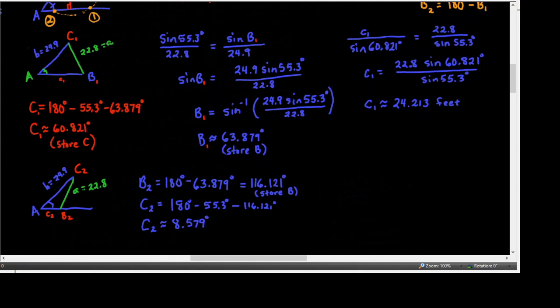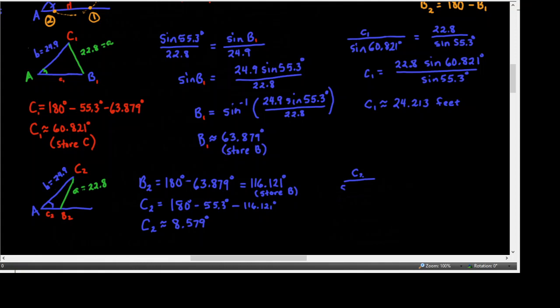A really small angle. And that sort of makes sense. Look at the picture. I didn't draw it to scale, but that being an 8.5 degree angle sort of does make sense because it will be kind of small. So the only thing left to find is side C2, and you can look above and see the procedure that we'll use is the law of sines again.